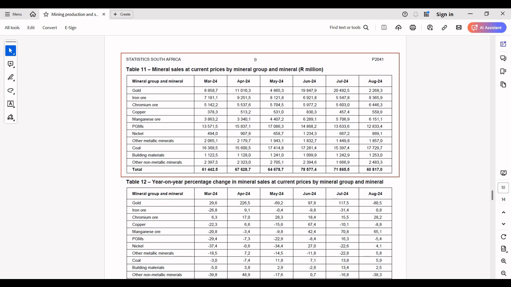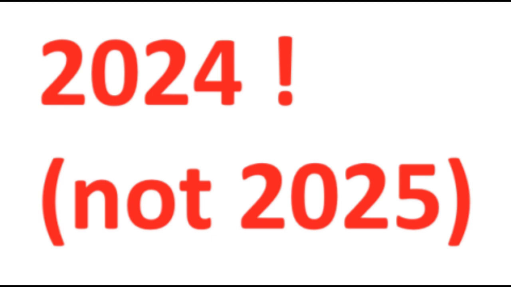According to the policy mentioned in the document, Stats SA changes their base year every 5 years. So the current base year is 2019 and the next base year will be 2025.